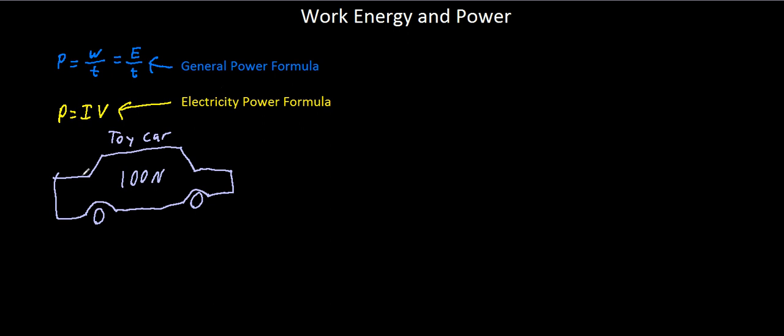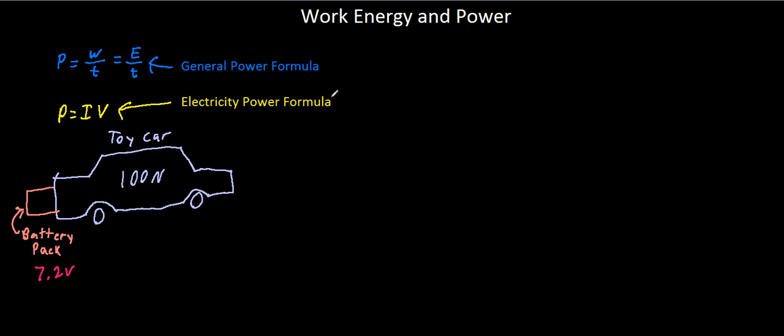And let's say it has some battery pack on the back that powers it, so that makes this little remote control car drive. And let's say that this battery pack is 7.2 volts. Let's make sure we label this little box-shaped thing as a battery pack here.